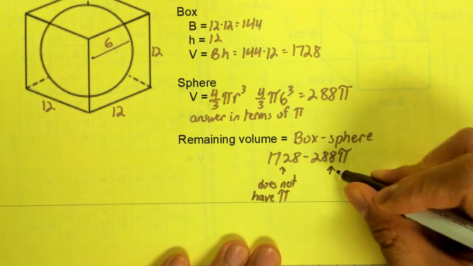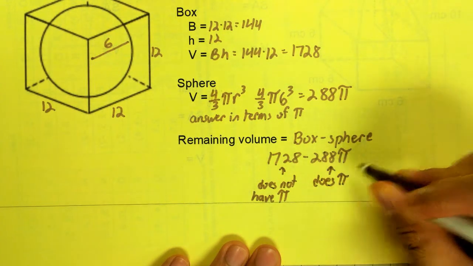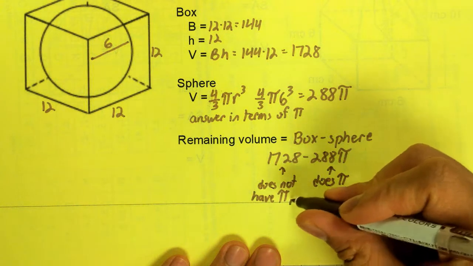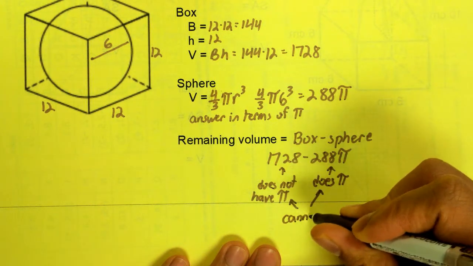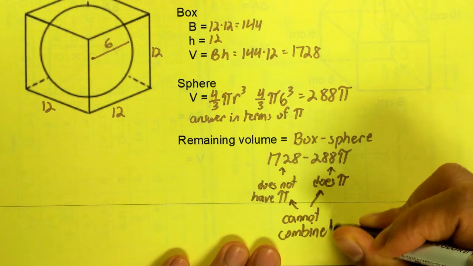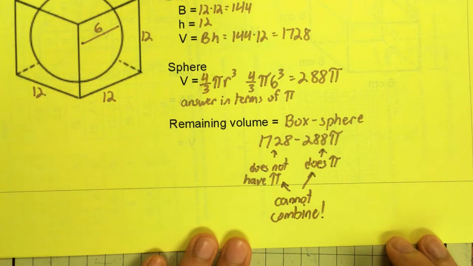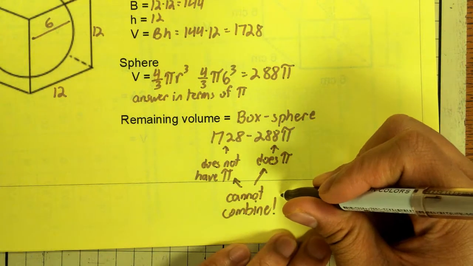This number over here does have pi. Meaning, these two numbers cannot combine. They are not like terms.